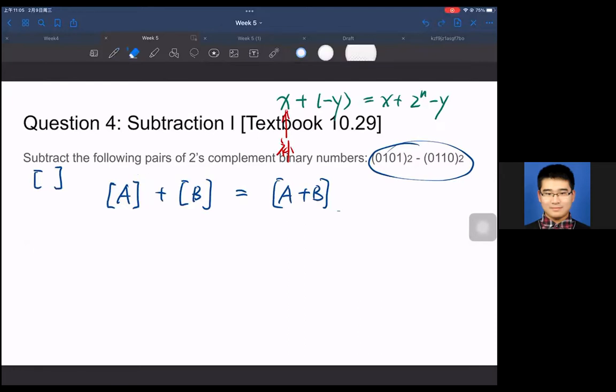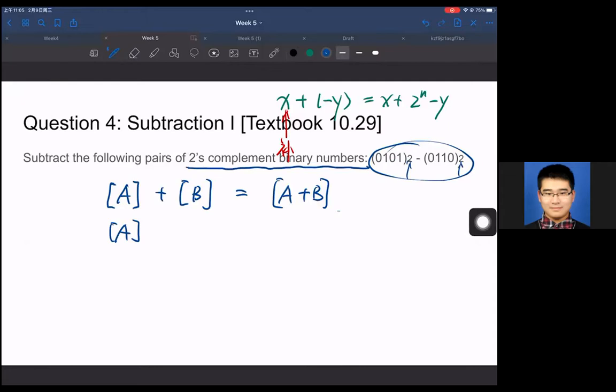But here we are doing subtraction instead. So let's take a look. The problem states that these two numbers are already in 2's complement. I prefer using brackets. So we have A minus B equals to.